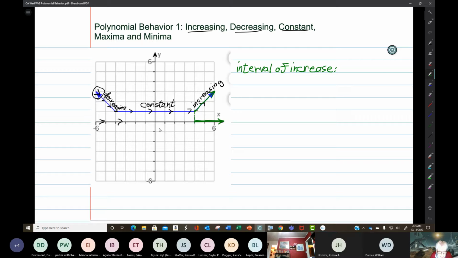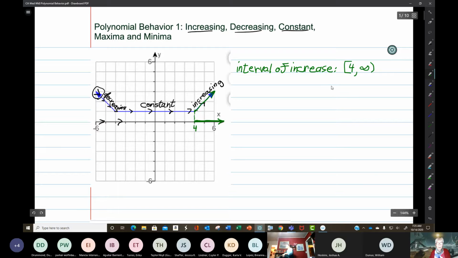So let's see, this is 1, 2, 3, 4. Okay, so the interval of increase is 4 to infinity. Now, for those of you who are up on your intervals, you may be asking me, well, shouldn't it be like this?